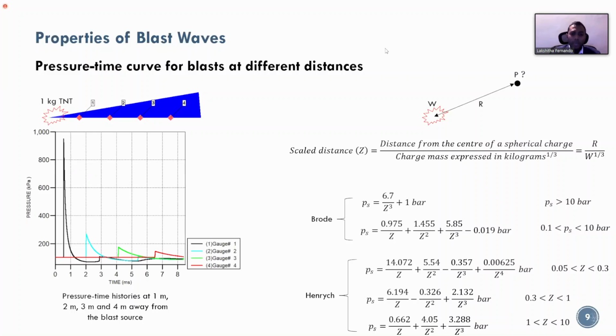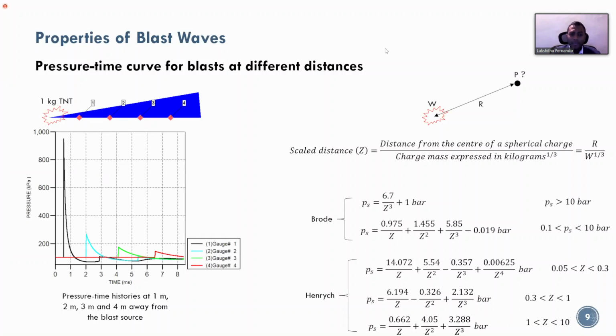So there have been many empirical equations that have been developed by people in the past. And in all these equations, you can see that the Z is at the denominator, which means as Z increases, so there are two ways of increasing Z. Either you can increase the distance from the charge source or you can reduce the mass.